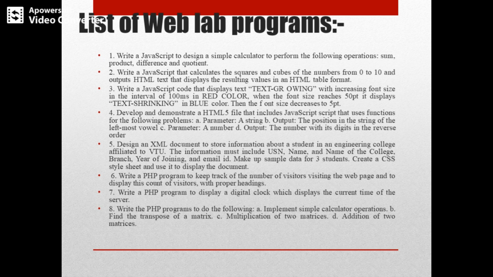The third program once again will have JavaScript code. The fourth program pertains to HTML. The fifth is an XML document wherein you need to design student information and then display it using CSS, cascading style sheets. And then the sixth, seventh and eighth programs.